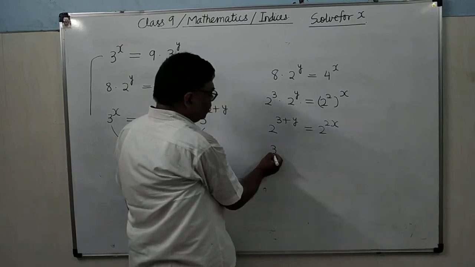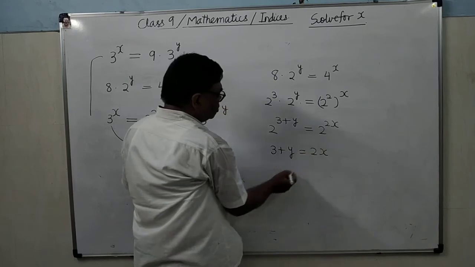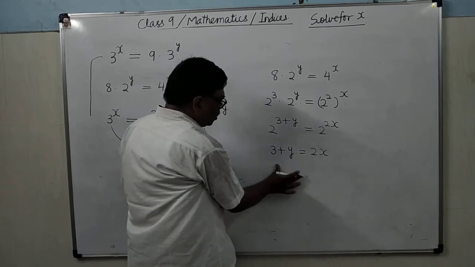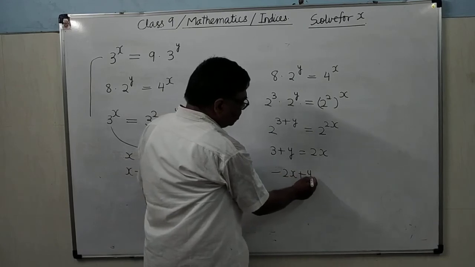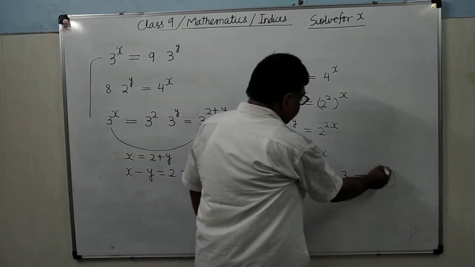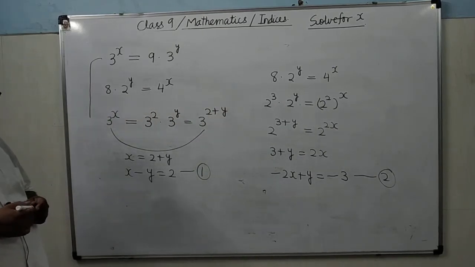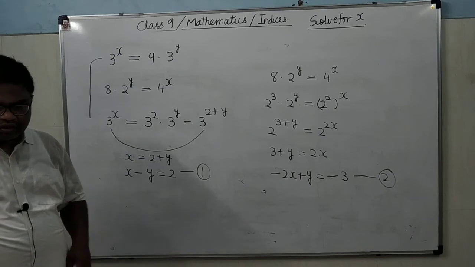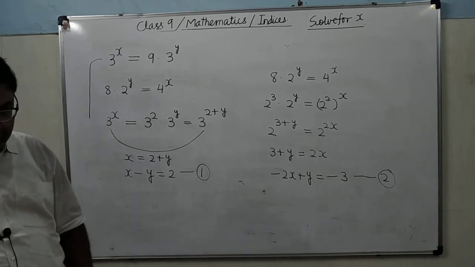On equating, 3 plus y equals to 2x. You take 2x here, minus 2x plus y equals to minus 3. So you solve equation 1 and 2, you will get the values of x and y. So further you can solve this. It's clear that I am not solving.